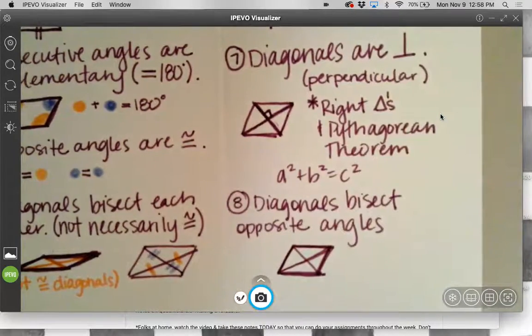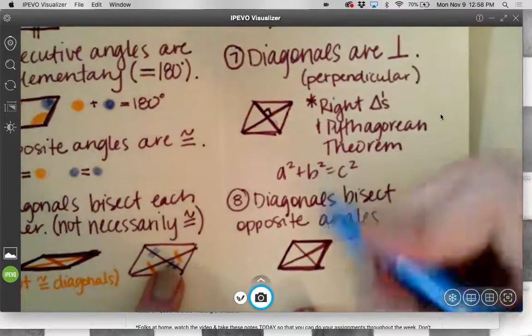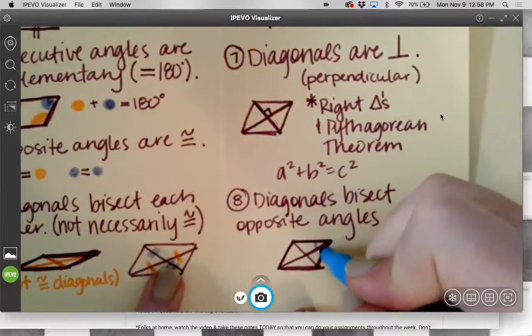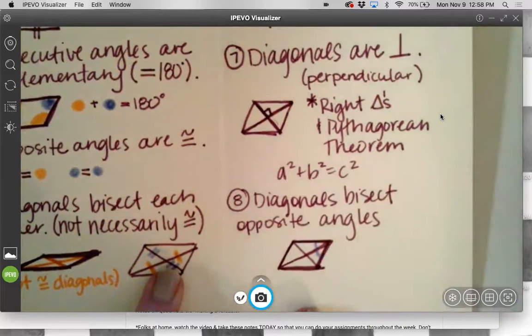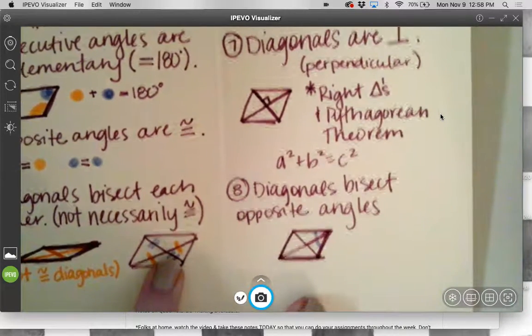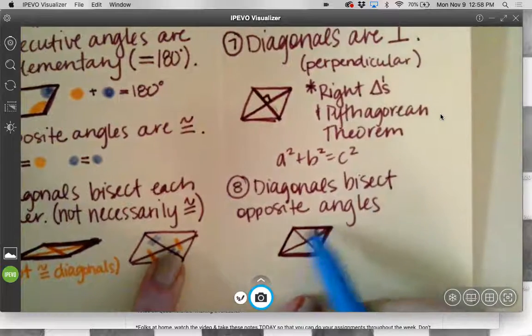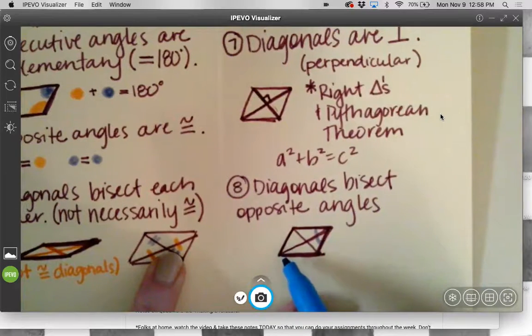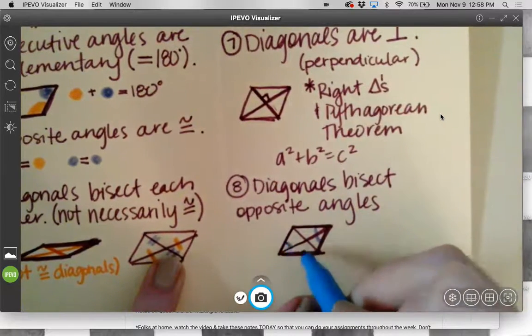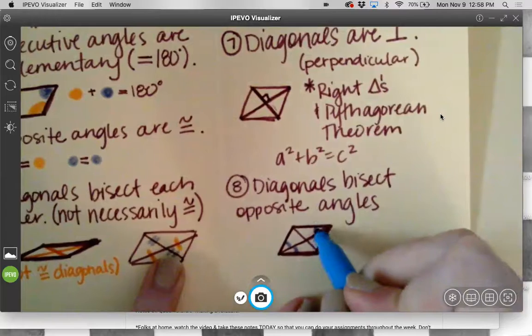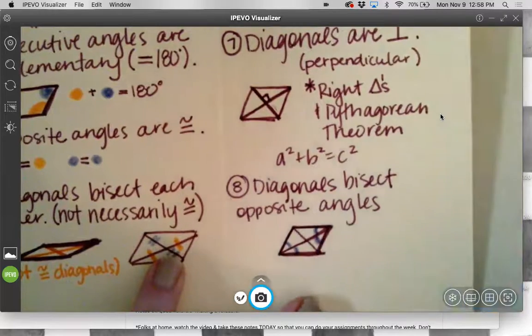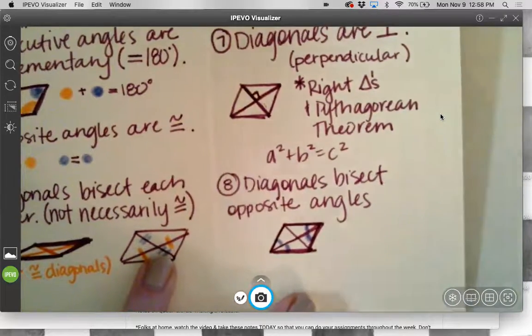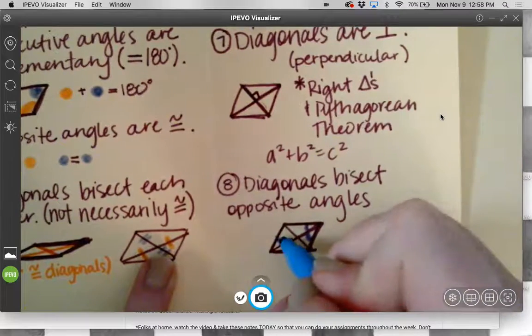So we're going to use some more color coding here. So this top part and this bottom part, those are going to be congruent pieces. Since the opposite angle is congruent as well, this is going to be the same as this, and these are both the same as these up here, right? So you have 4 congruent blue angles if you're using blue like I am.